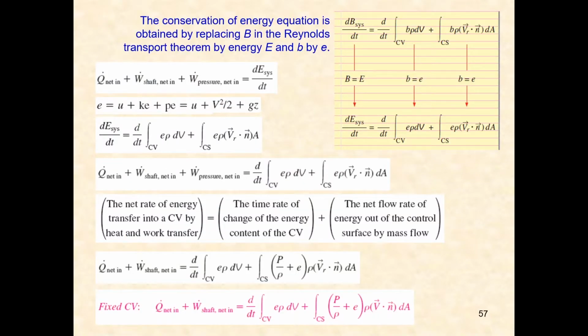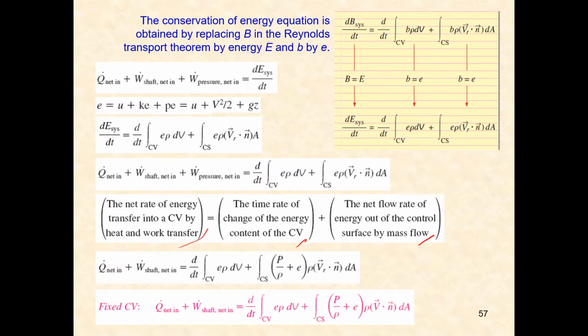This is applying the Reynolds transport theorem, which explains the conservation of energy, where the rate of change of energy transferred equals the rate of energy that enters the control volume and the rate of energy that goes out from the control volume. It is similar to conservation of mass.